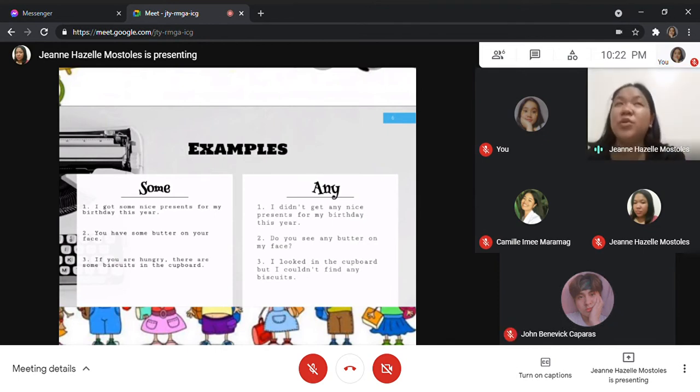Yes, that's why it uses any, because it is an interrogative. Same as number 3: if you are hungry, there are some biscuits in the cupboard. While in the any column: I looked in the cupboard, but I couldn't find any biscuits. Do you understand? Any questions? No, ma'am.